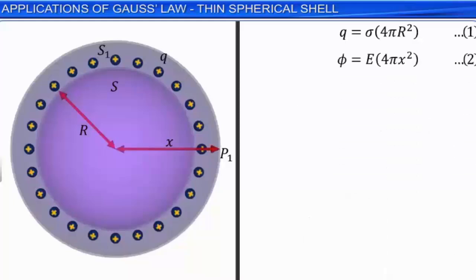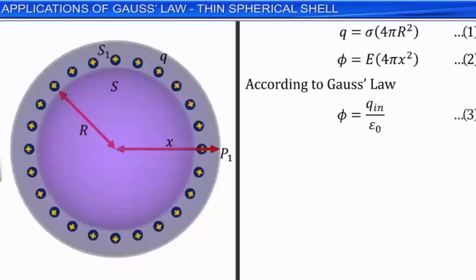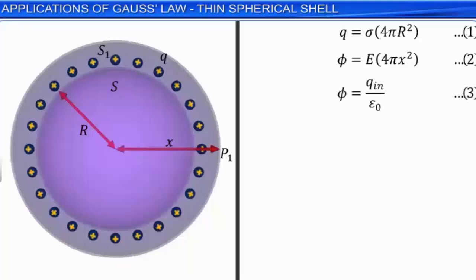We know that according to Gauss law, the total electric flux passing through the Gaussian surface S1 must be equal to Qin by epsilon naught, where Qin is the charge inside the surface. Let this be equation 3. Here, Qin will be equal to the charge Q on the spherical shell.